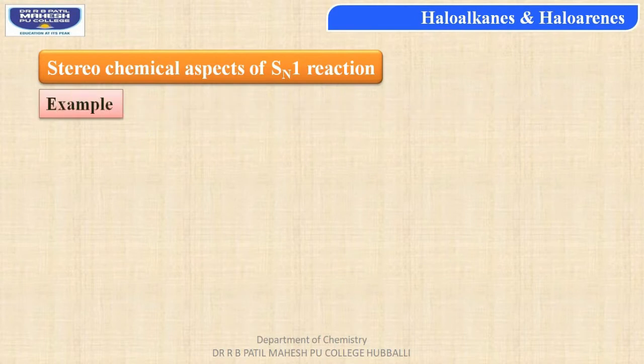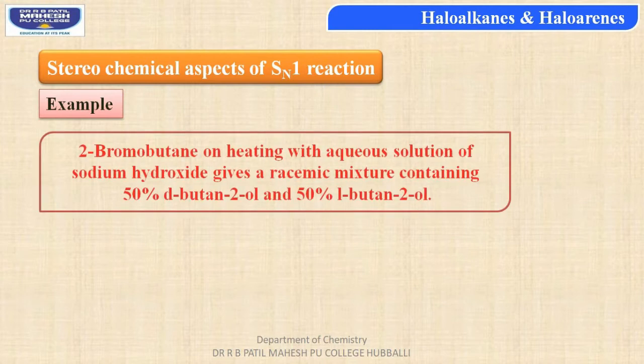2-bromobutane on heating with aqueous solution of sodium hydroxide gives a racemic mixture containing 50% of dextrorotatory butan-2-ol and 50% of levorotatory butan-2-ol.